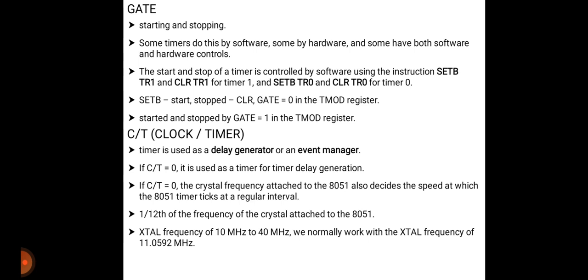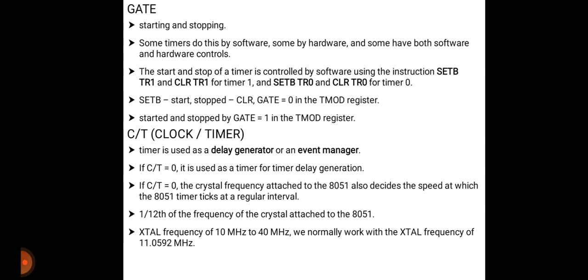Then CT is the clock or timer or counter select. This bit in the TMOD register decides whether the timer is used as a delay generator or an event counter.